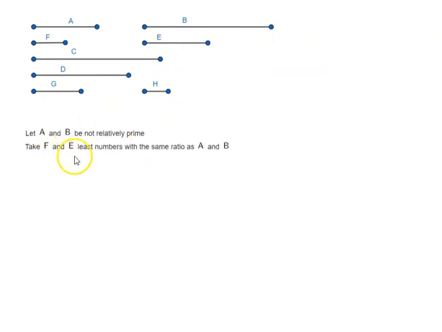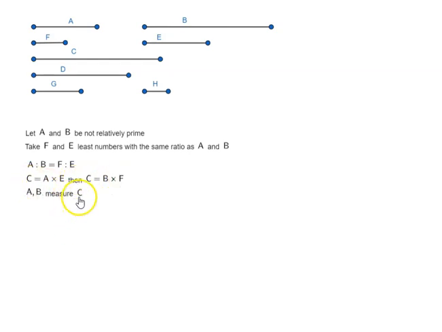Take F and E, the least numbers with the same ratio as A and B. That means A is to B is equal to F is to E, and C will be equal to A times E, and C will also be B times F. We have seen in a previous proposition that, given a proportion of four numbers, the product of the extremes is equal to the product of the means. So A and B measure C.